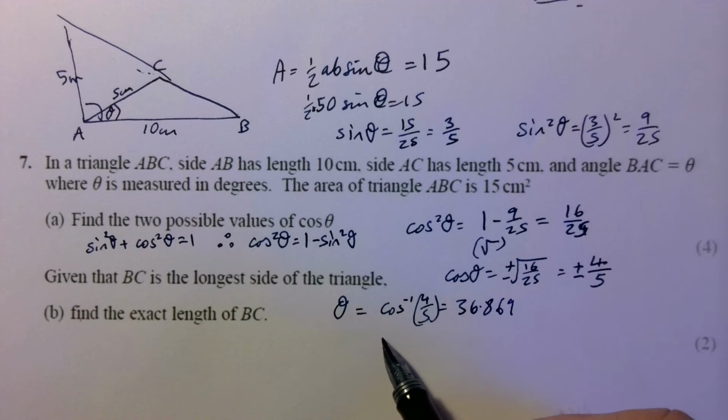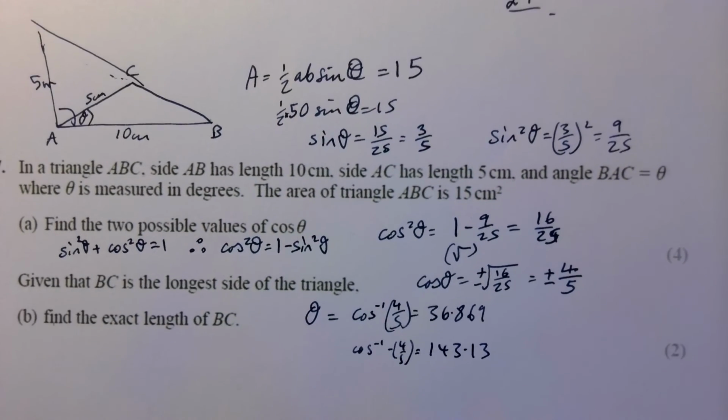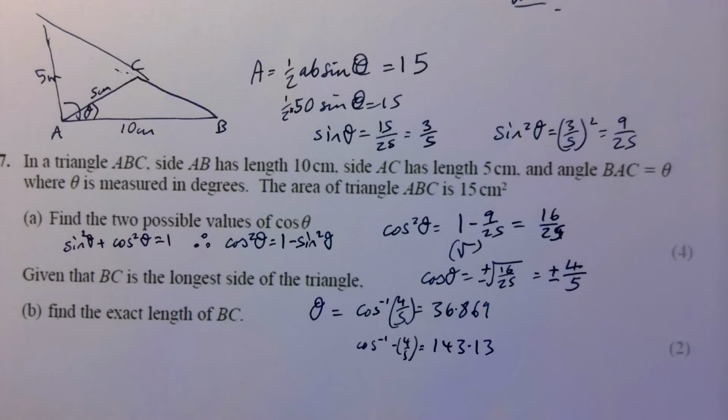If I were to do cos theta of negative 4/5, I get 143.13 degrees, which I could have reasoned a different way, because that number there is 180 take that one.